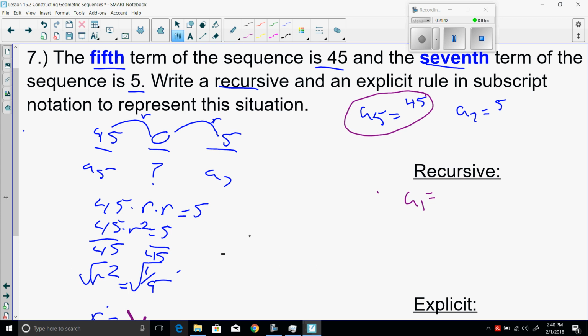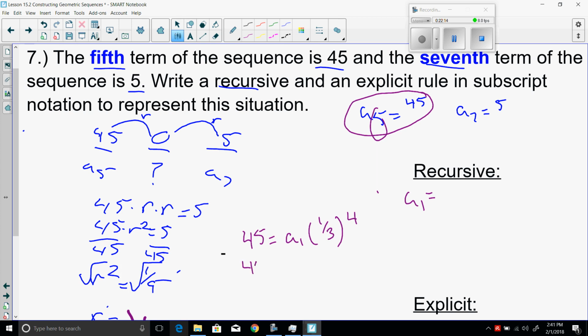If I use the explicit formula, I can say that 45, the value of a sub 5, is equal to the value of the first term, which I don't know, times the common ratio, which I now do know, to the n minus 1. My n value at this point is 5, so I'm going to use 4 as my exponent.